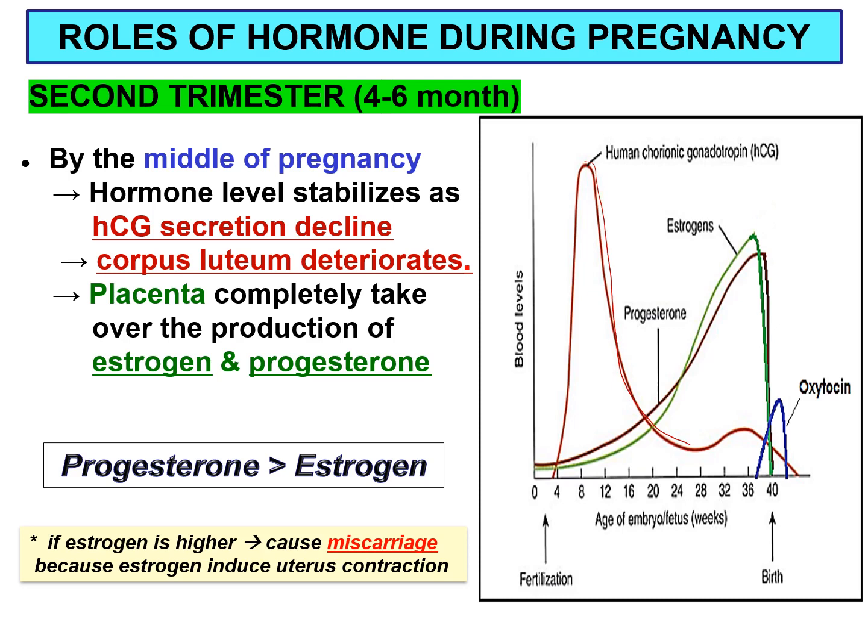This decline of HCG will cause the corpus luteum to degenerate. So corpus luteum will no longer secrete the estrogen and progesterone, but because placenta has already completely formed, placenta will take over the secretion of estrogen and progesterone.